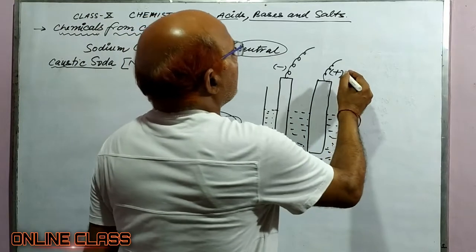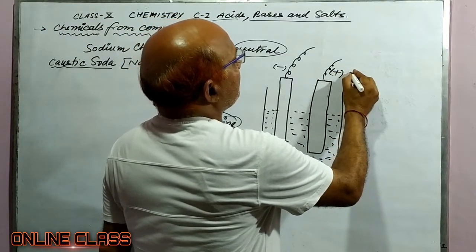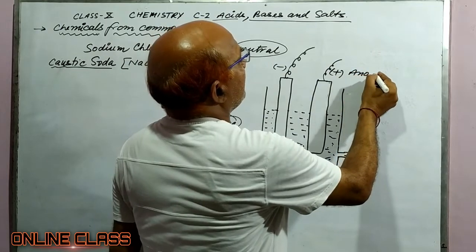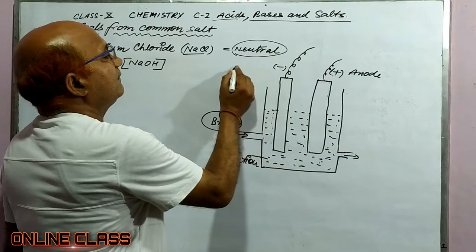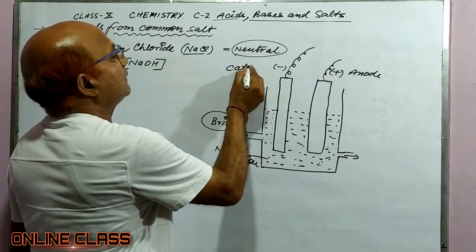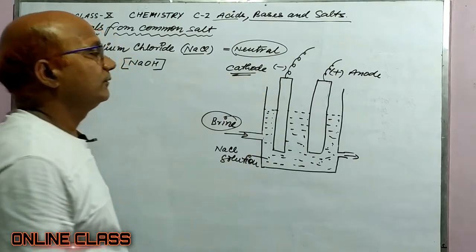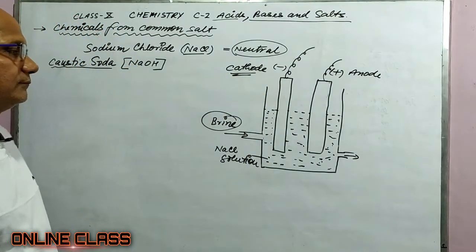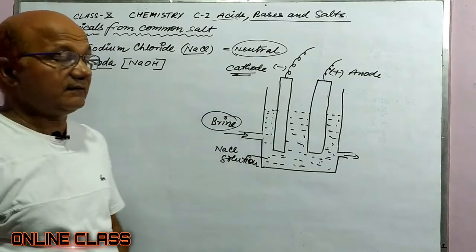As you know, this is the positive electrode, and the positive electrode is the anode and the negative electrode is the cathode. So, how does this reaction take place?